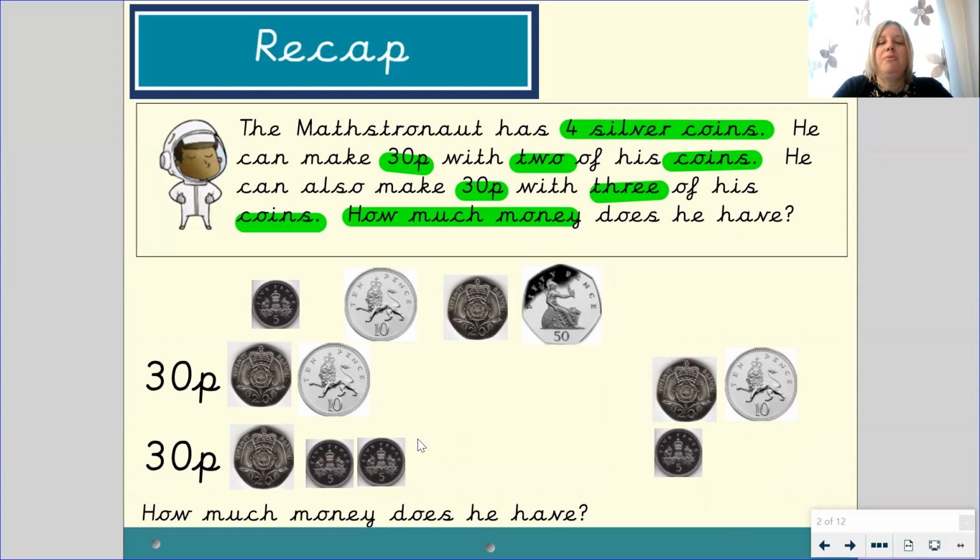And we also know that he has another 5p coin. So these are the 4 coins that he has. Can you add them together to find out how much money the astronaut has? That's right, the astronaut has 40 pence.